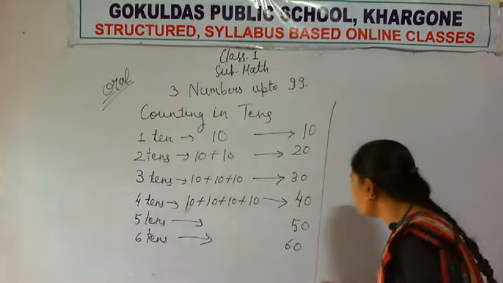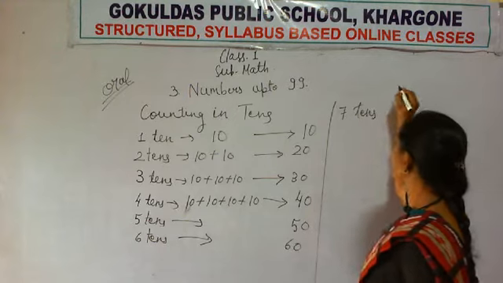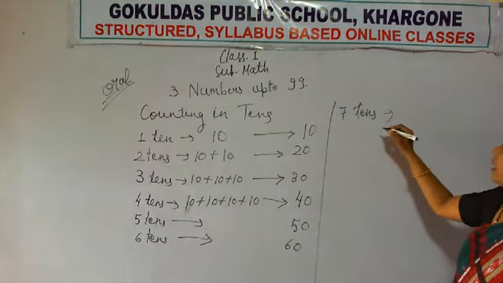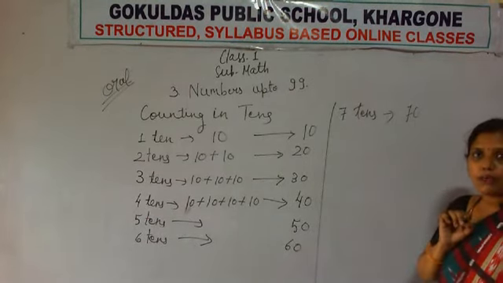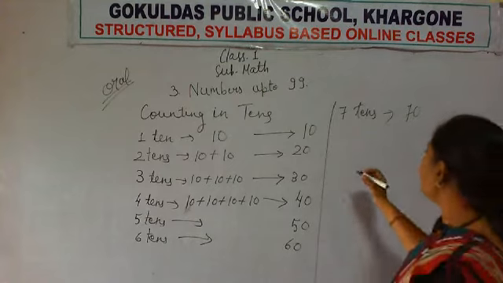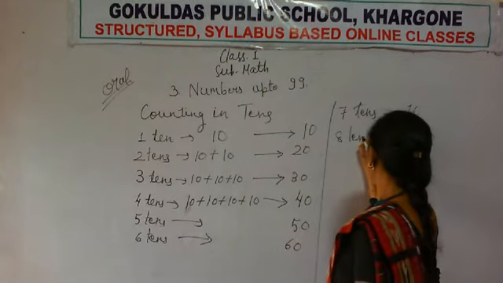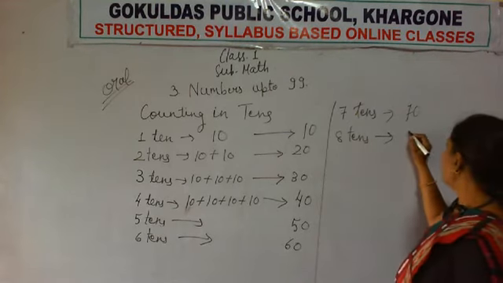Okay. Now if there are 7 tens, that means how many bunch of tens we are having? 7. Then 7 tens is known as 70. Now 8 tens. 8 tens is known as 80.